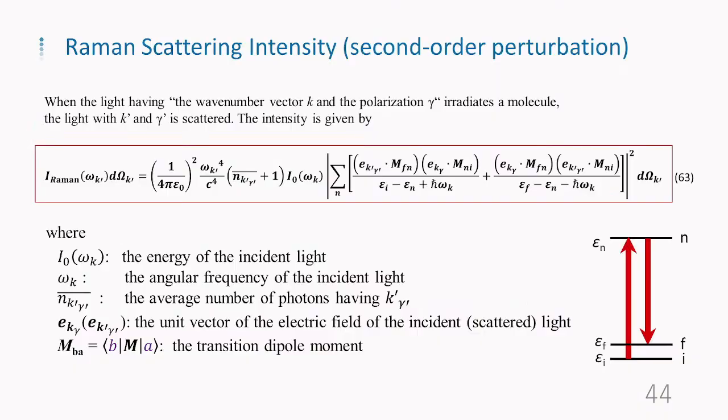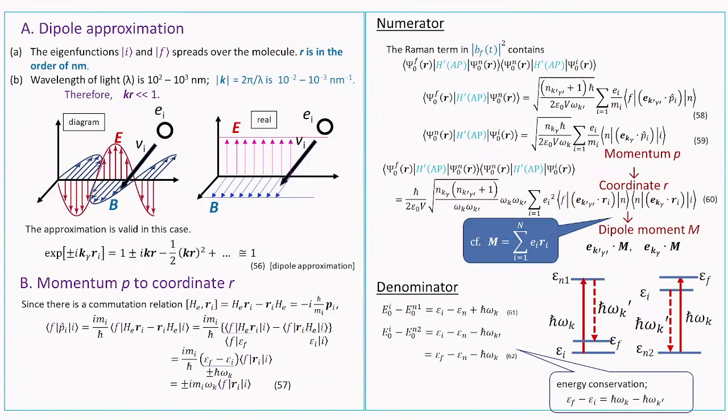I will explain each point later, but anyway, it comes from the A·p term of the H prime interaction Hamiltonian, and the momentum operator is included here.